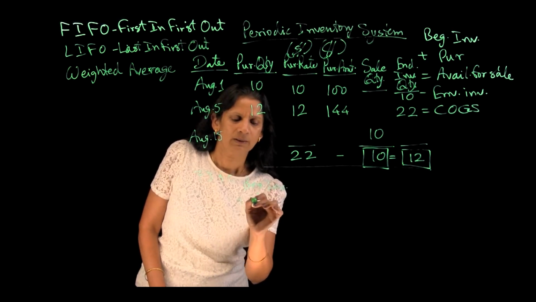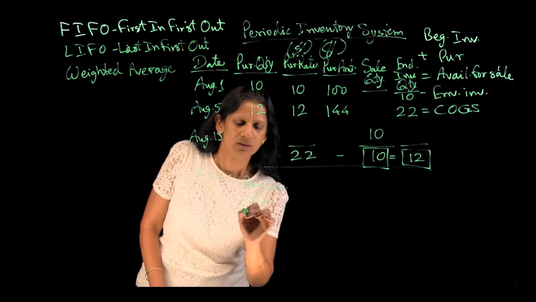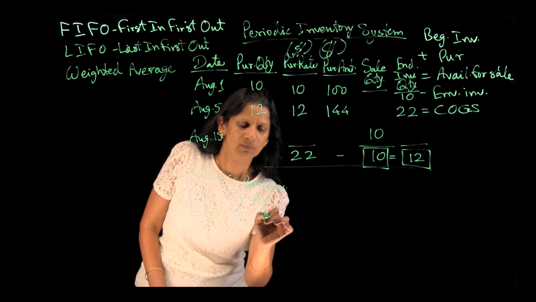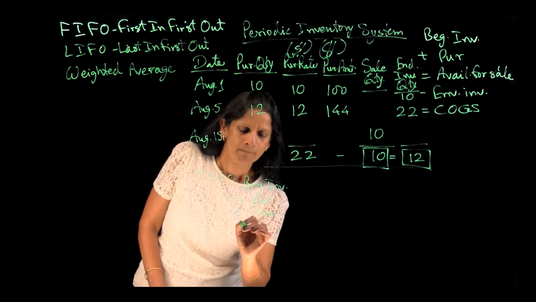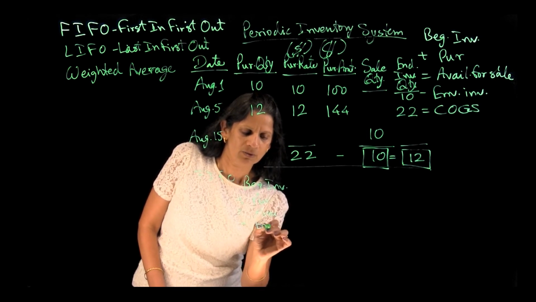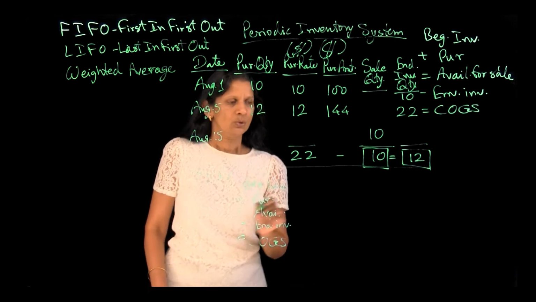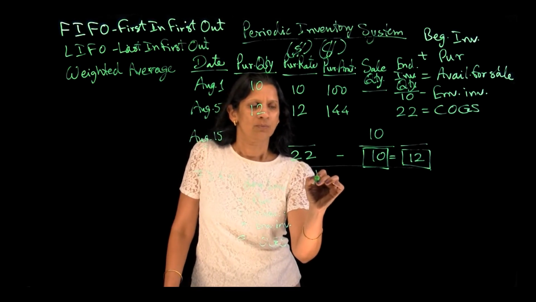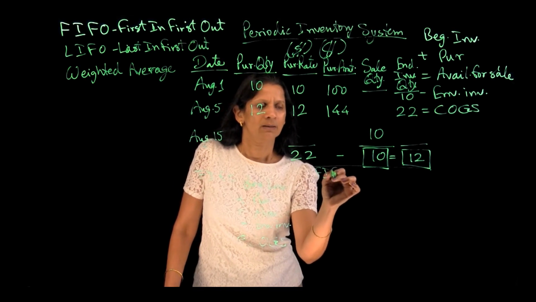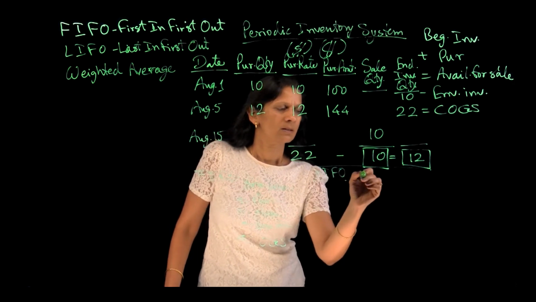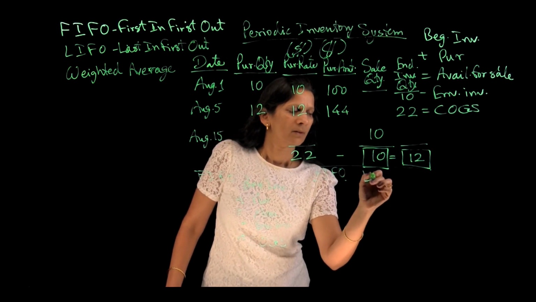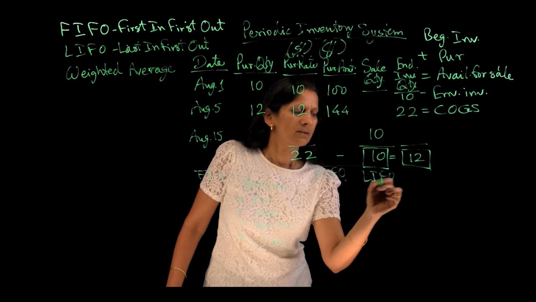Beginning inventory plus purchases is what is available for sale, minus ending inventory is what is cost of goods sold. So now let's talk about all the three methods parallelly so that you will understand it better.